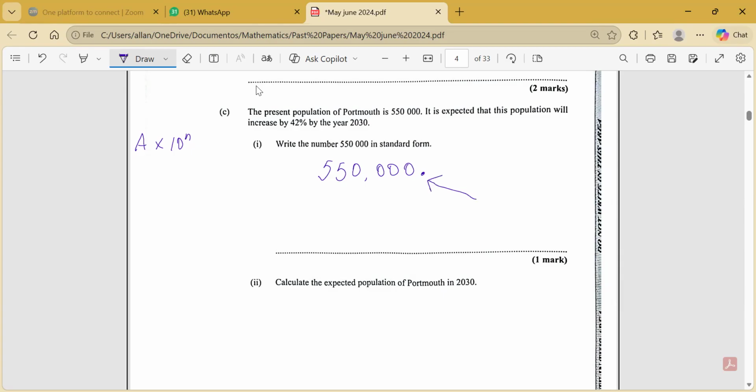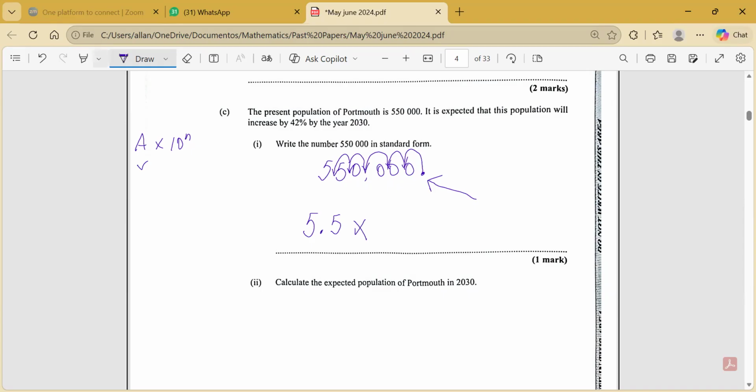See that point? So what we have to do, Johansi, is bring the point 1, 2, 3, 4. So the point came here, here, here, and finally the point going here. If the point goes here, it makes this number 5.5, which is good because A is supposed to be a number between 1 and 10.